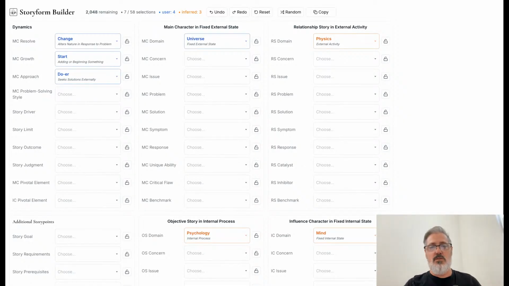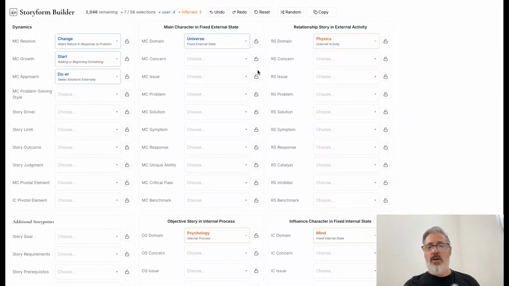So this is a story form that has everything split out in the story itself, the book or the film. They're all connected into one another, interwoven. So when you have a start, it's like, okay, I'm locked into this fixed external state. I've got to move into the internal so I can see, is it me that's the problem? Is it everybody else that's the problem? That's why that dynamic exists.